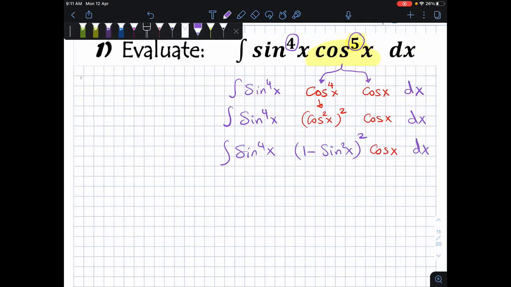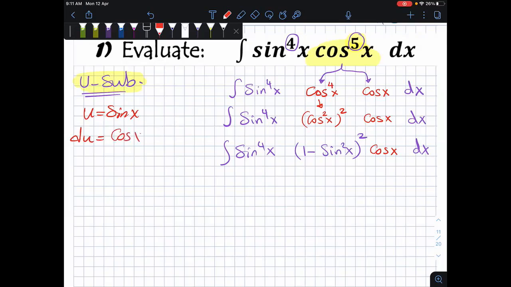The u substitution: u is equal to sine x. So it's easy. You split off the one with the odd power, use the relevant identity, and then use u substitution for the other trig function, sine. So the u is equal to sine x and the du is equal to cosine x dx.